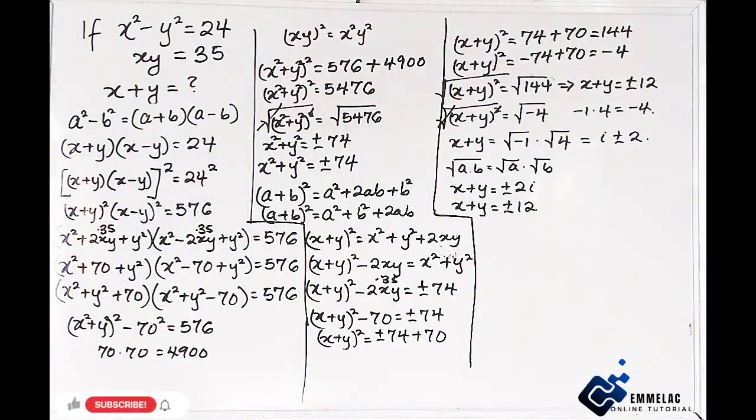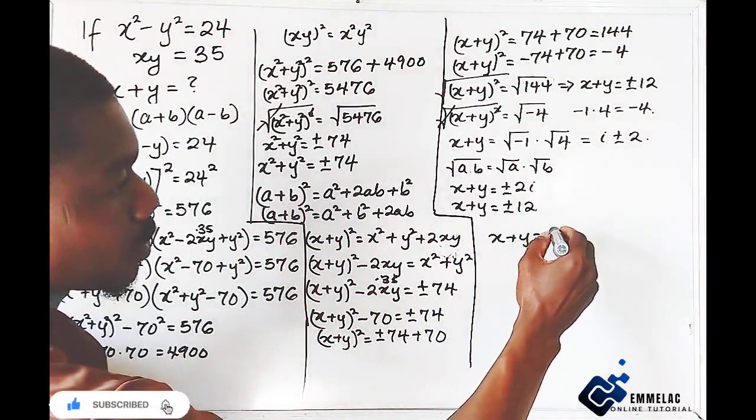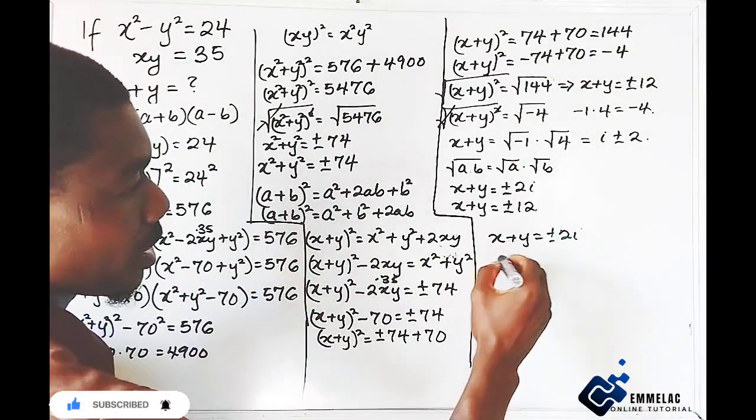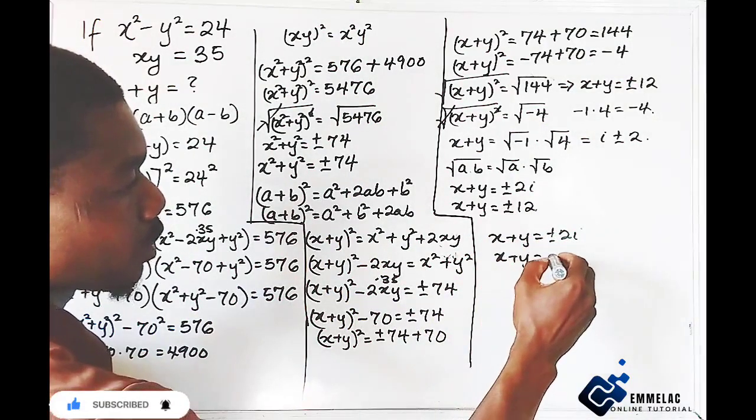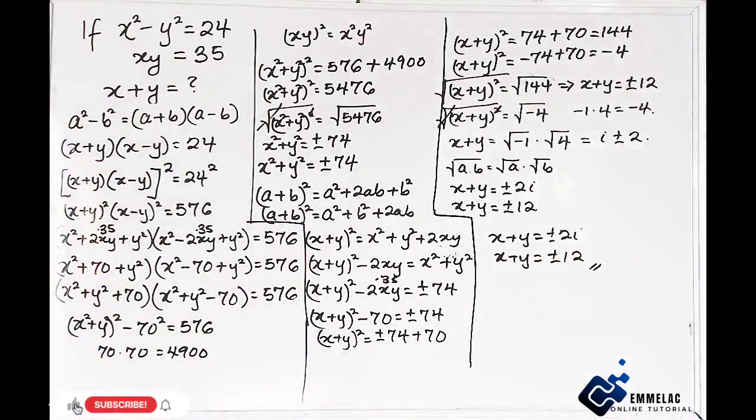Okay, so here x plus y will give us plus or minus 2i, or x plus y will give us plus or minus 12. All right, that is the value.